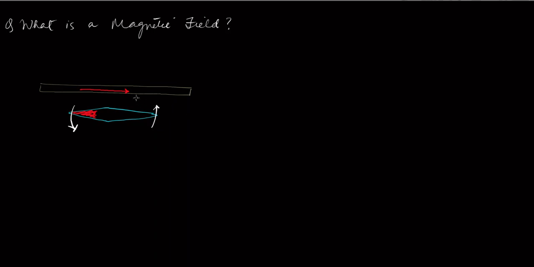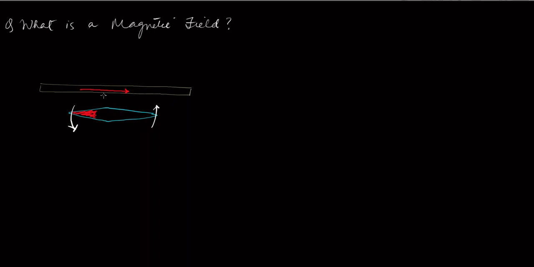Alright, so you see that this wire is not even touching the magnet, but this magnet is moving because it is influenced by the current that is flowing in the wire. So it means that whenever current flows through this wire, the region surrounding the wire gets modified. Okay, it's changed.